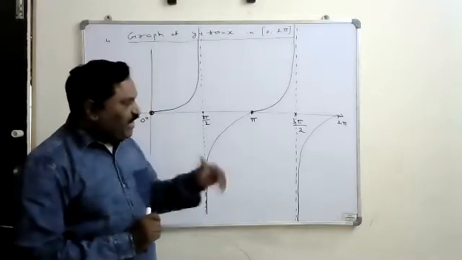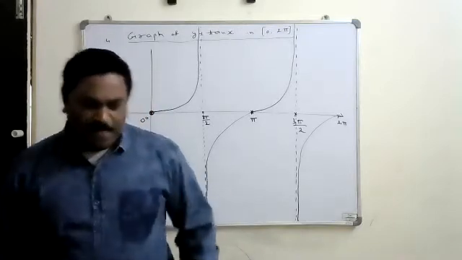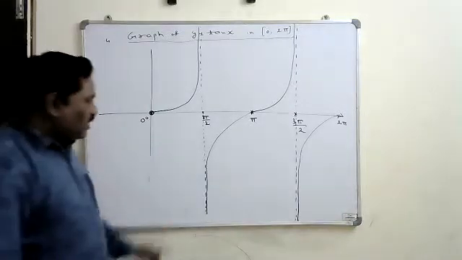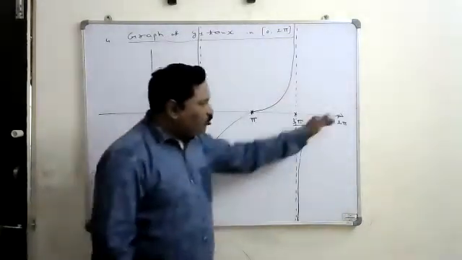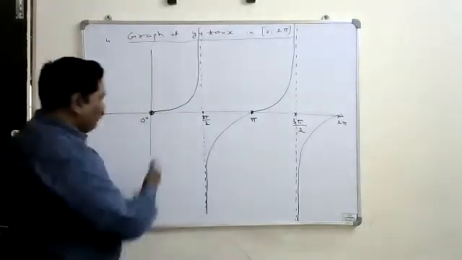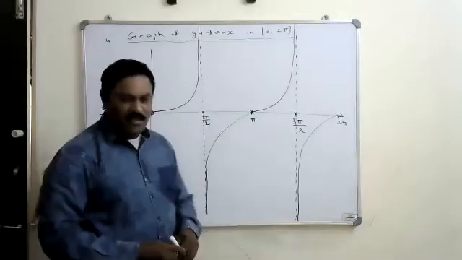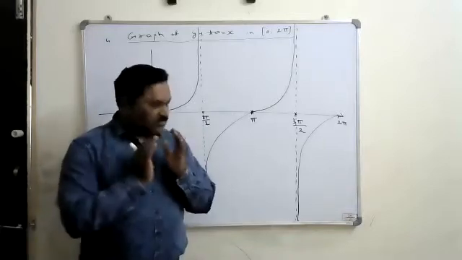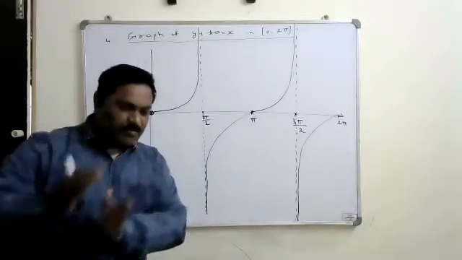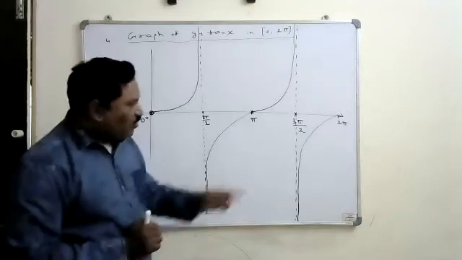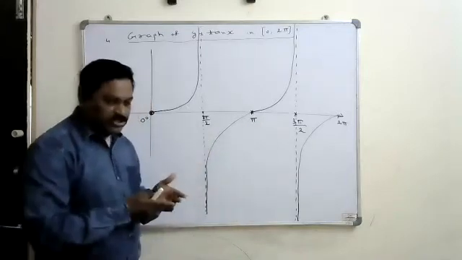Next, is it a periodic function? Yes, because the same graph is going to repeat again. If you extend it, the same graph is going to repeat again and again. With a certain length of interval, the same graph is going to repeat. For what length is it completing one rotation?